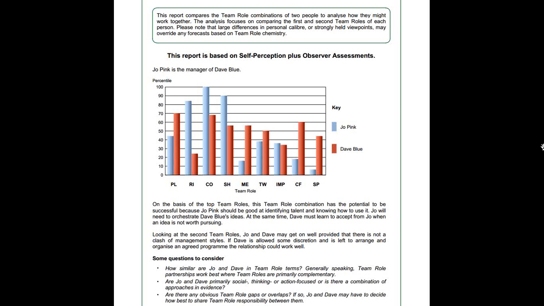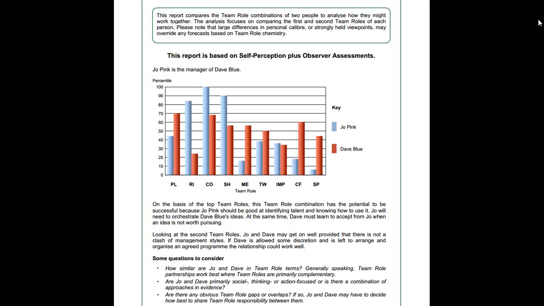The first paragraph underneath the graphic compares Joe's top role as coordinator, which we can see is right up there. This is looking at a combination of self and observer material on her. So she's within the top 1%. She is an extremely proficient coordinator, and it's comparing that against Dave Blue's plant.